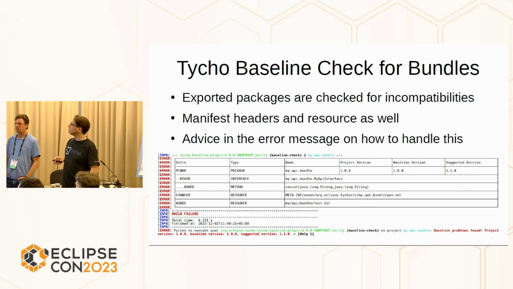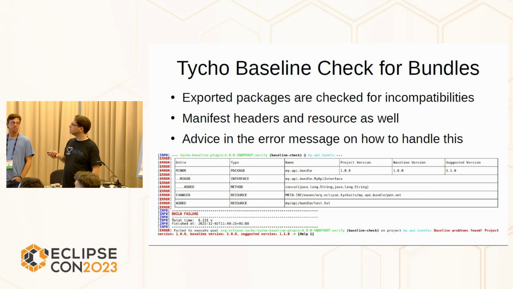So how does it work? It analyzes a baseline plugin and compares it with your current build artifact. And especially the exported packages are checked for incompatibilities, and that is something that, for example, the PDE IP tools do not support. They always work on the bundle version. And yeah, working on exported packages for API is much more flexible.